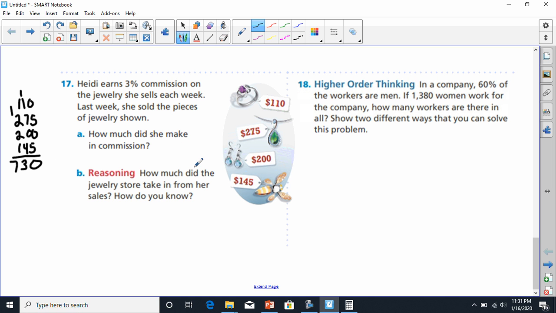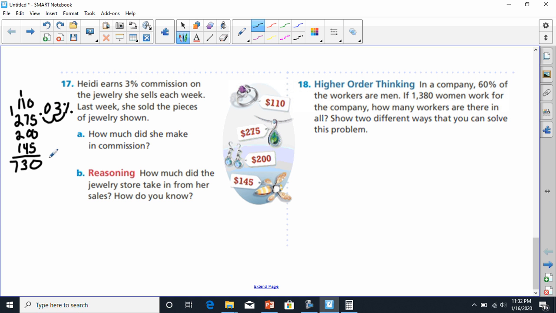So she made $730 in sales, but how much of that was commission? Now we've got to take 730 and times it by 3%. Well, 3% can be found by moving the decimal two spaces, so it'll be 0.03.